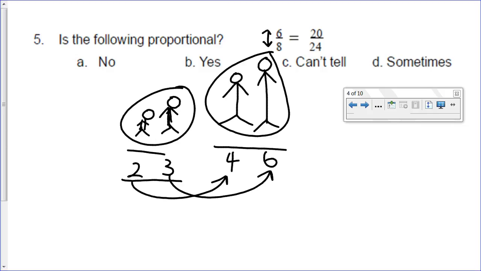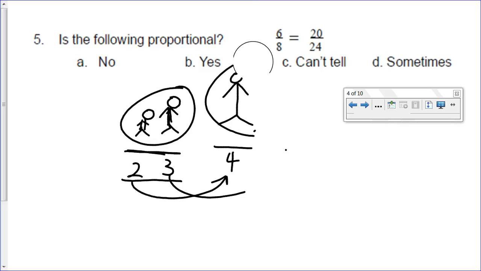So you can see that there's some kind of relationship here, and that's a proportional relationship. They don't differ by the same amount, but they differ in a similar way. I guess that's the best way to put it. So that's kind of what being proportional means, is things differ in a similar way.